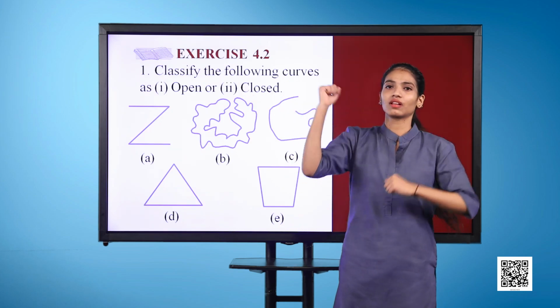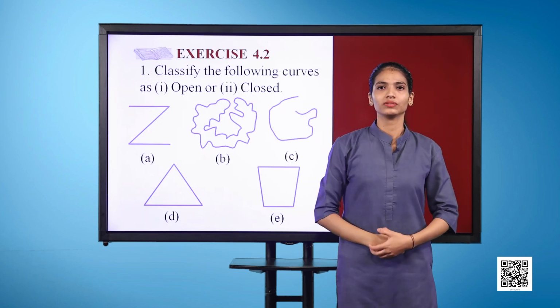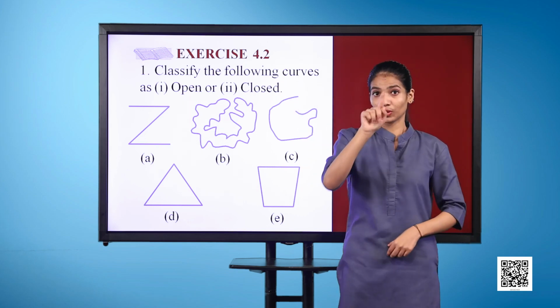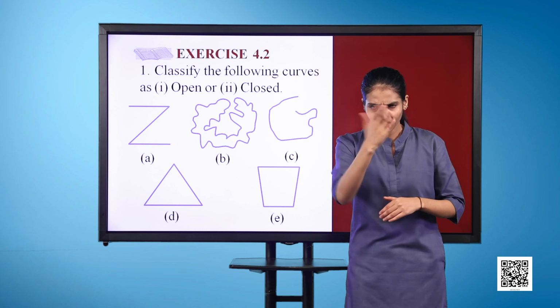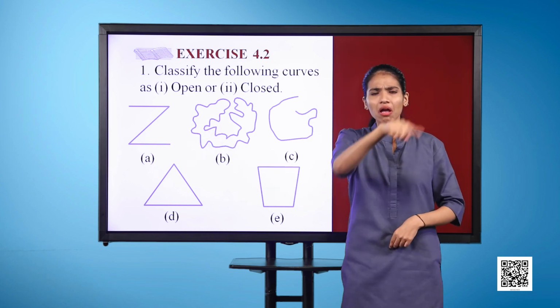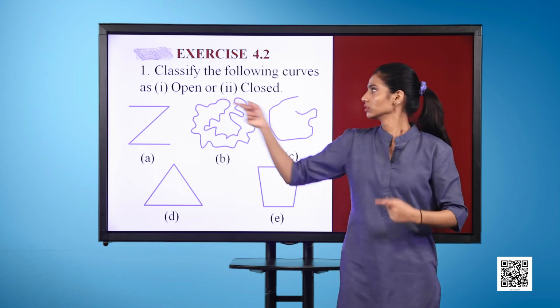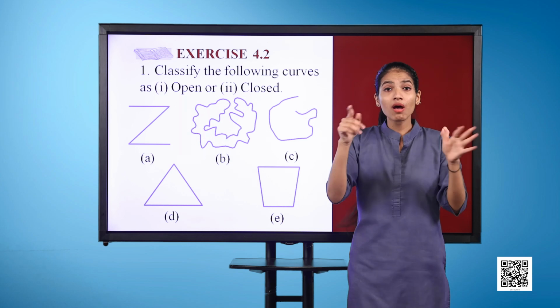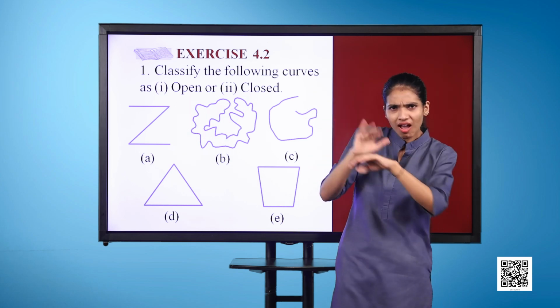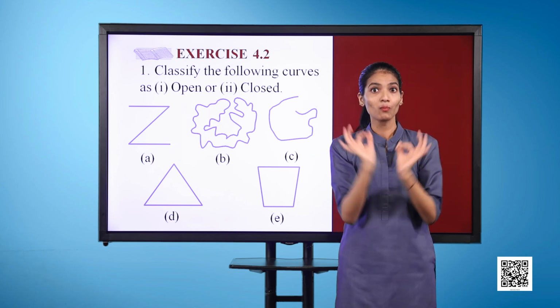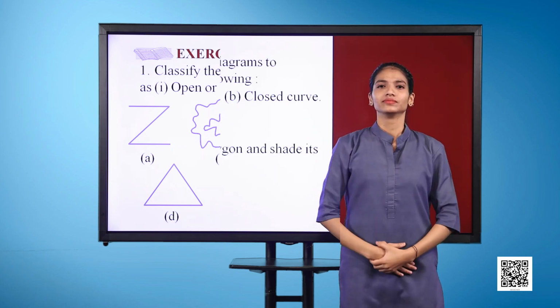Exercise 4.2. 1. Classify the following curves as open or closed. We have 5 different types of curves: A, B, C, D, E. 2.